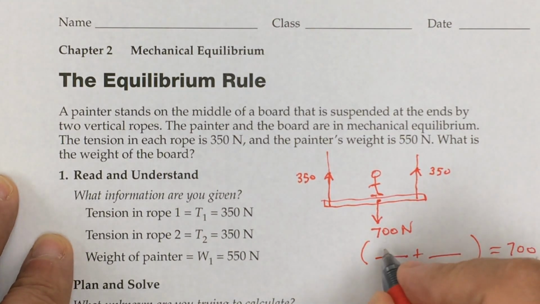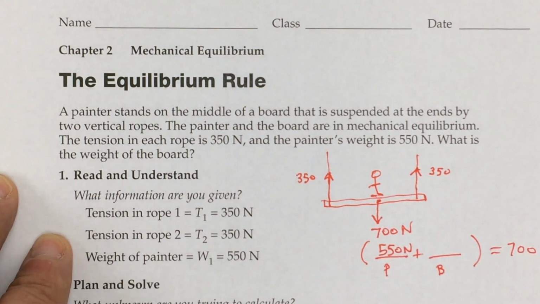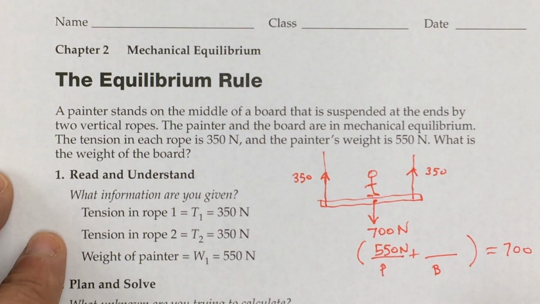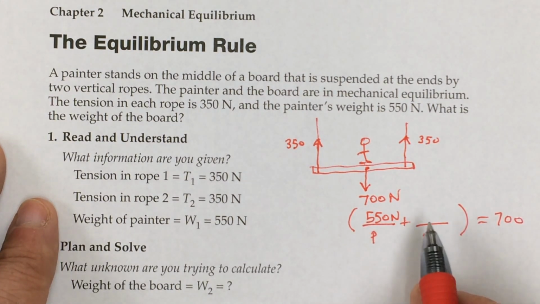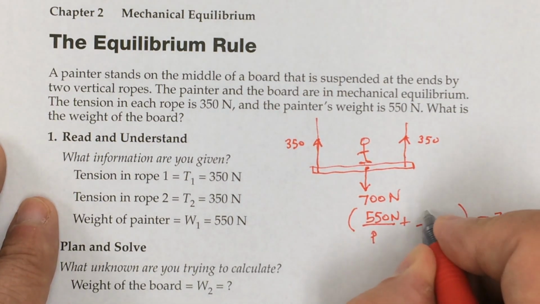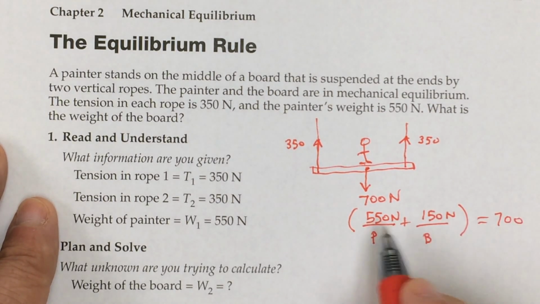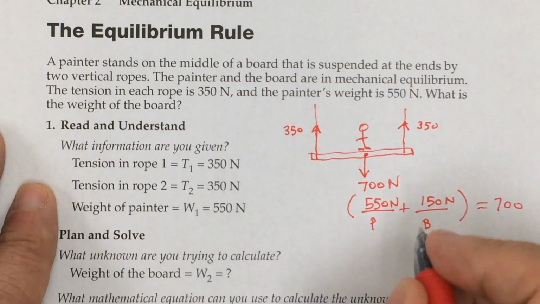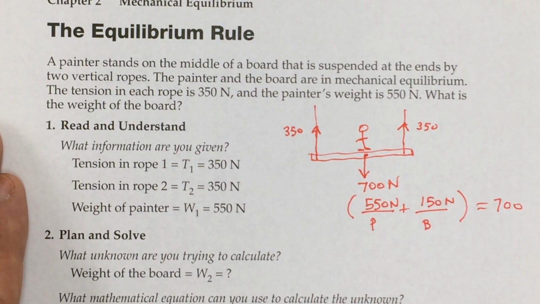So we know the painter's weight is 550 newtons. So 550 plus what is 700? Okay, so that's how we're going to find it out. 550 plus 50 would be 600, so this is going to be 150. You could do that by subtraction, 700 minus 550, and you'll get that the board weighs 150 newtons.